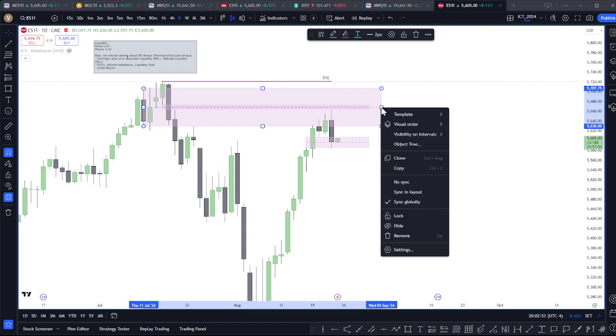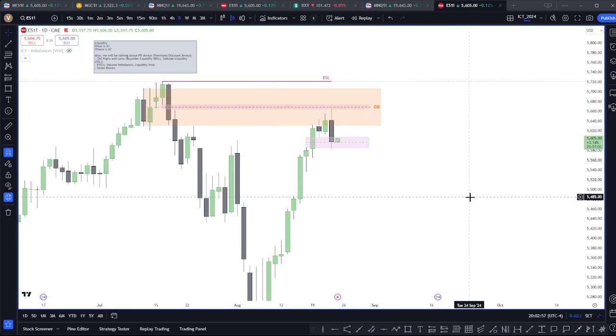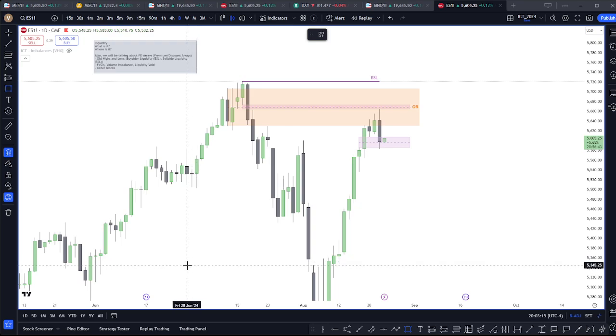What is this? An order block. Right, in this leg, this down close candle is an order block. Or in this case, it's also a breaker. The other breaker that you have is somewhere here.